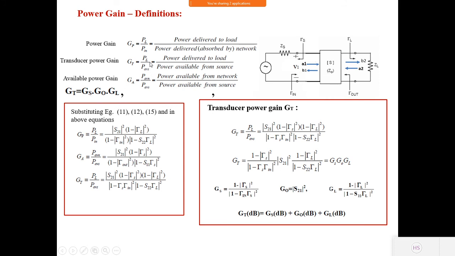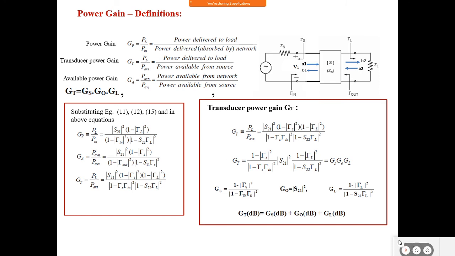We got GT equal to 10 means PL is 10 times PAVS, but how do we get GT equal to 10? I may want a gain of 100, or a gain of 50. How do we get GT equal to 50?